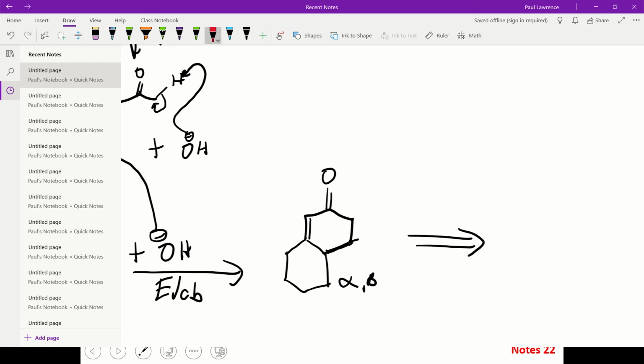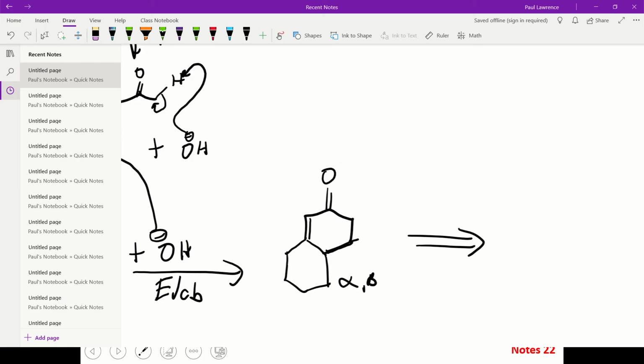The first thing is that you see a six-membered ring, and that six-membered ring is an alpha, beta unsaturated compound. So your eye zooms in on that baby right there, and you're like, ooh, six-membered ring, alpha, beta unsaturated ketone. So that's probably a Robinson annulation.